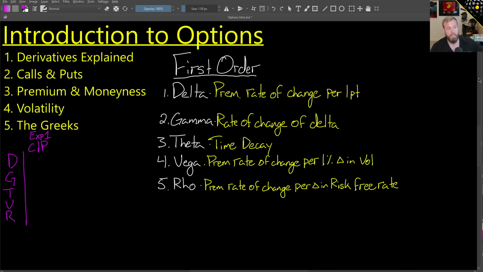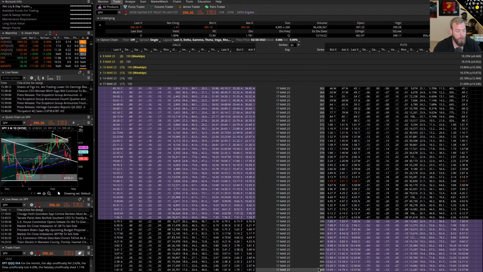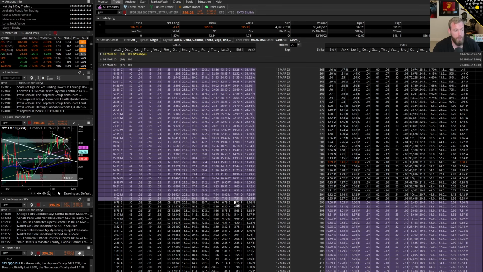So when we're talking about delta, it tells you the rate of change in premium per dollar move in the underlying. It also can be used to understand the total size that you have in that one contract, or if you have two contracts, it doesn't matter how many lots you have. But let's say you have a one lot, it means you have a maximum exposure of 100 shares.